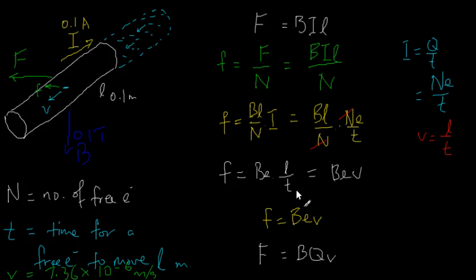So for example, if I have a glass ball with some negative charges, and this glass ball is moving with a certain velocity v in a magnetic field B, then there would be a force acting on it.